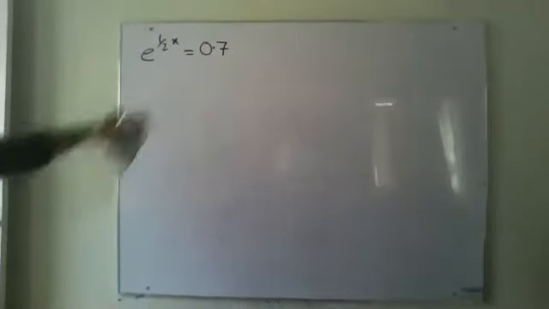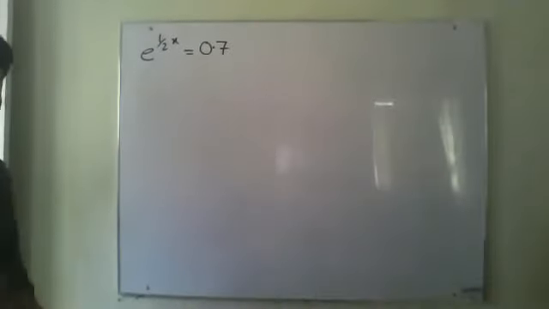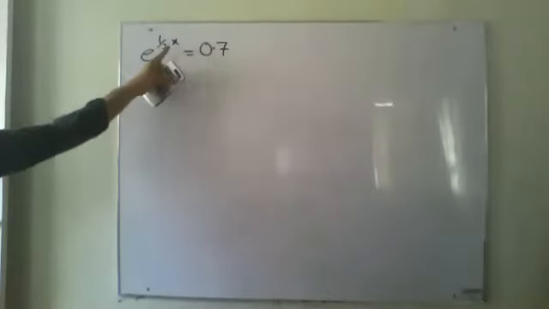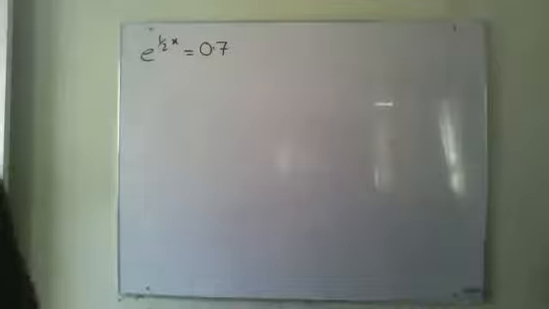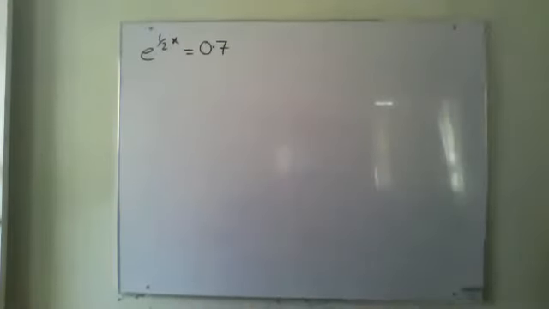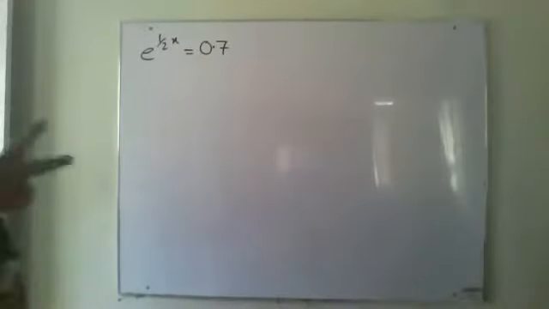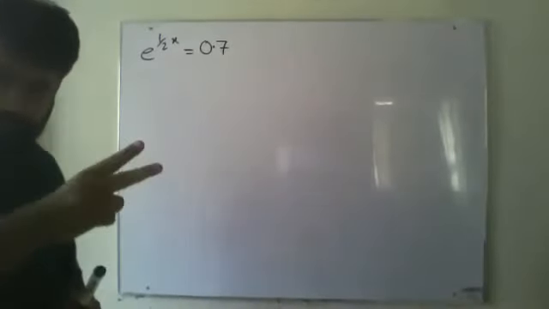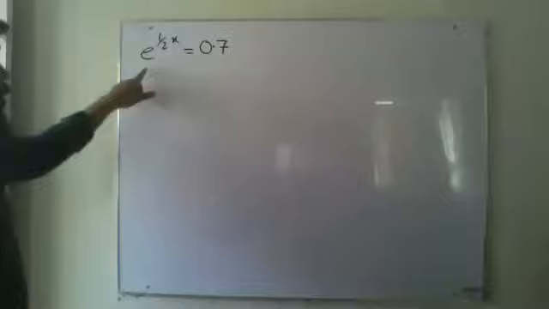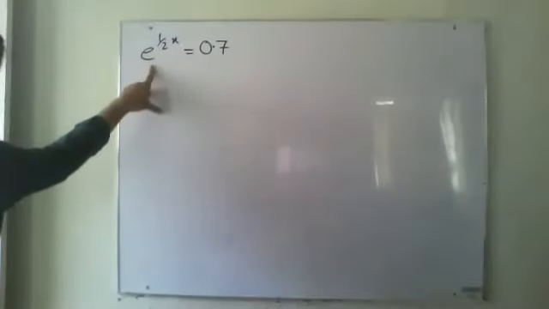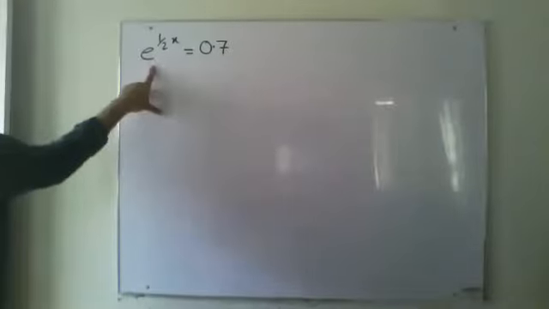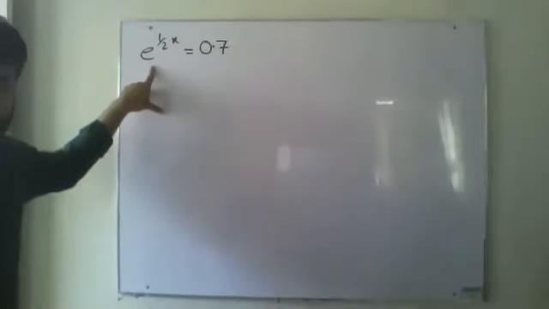In order to find x, which is given in the power, I have to remove that power. First of all, I have two types of log: one is lg, one is ln. Over here, the base of the exponential is given, so I'm going to apply ln over here.